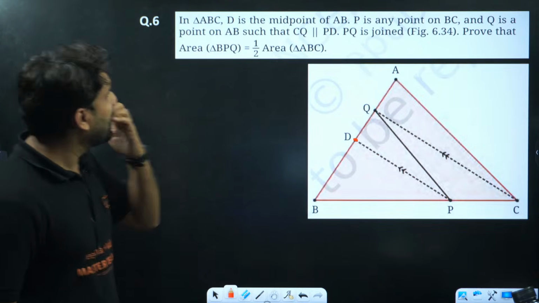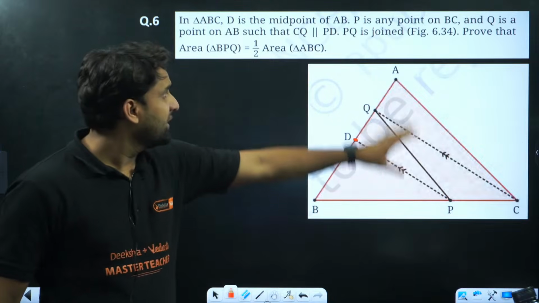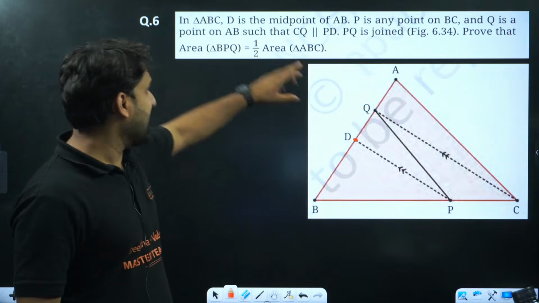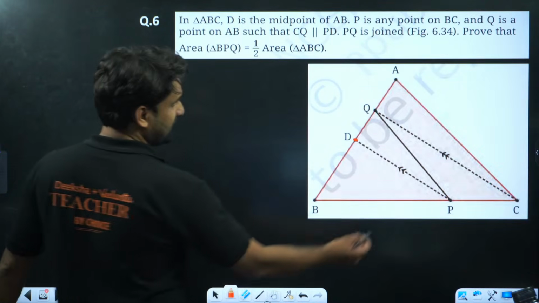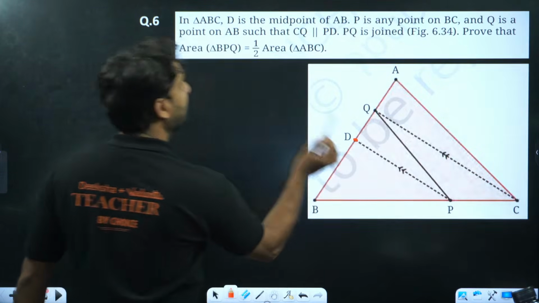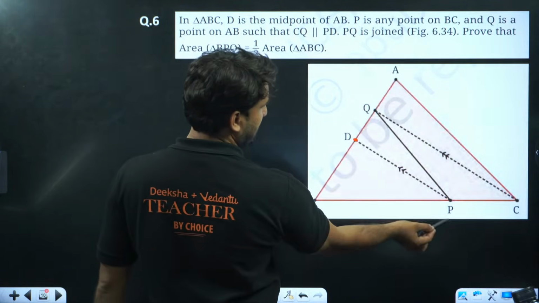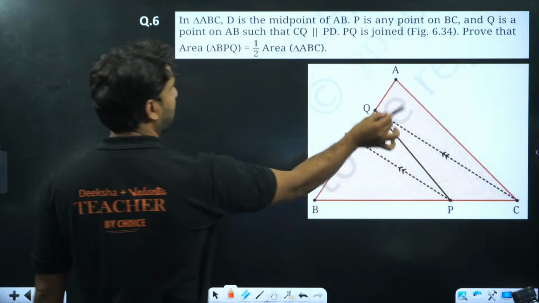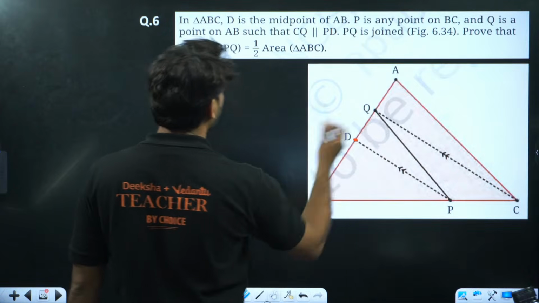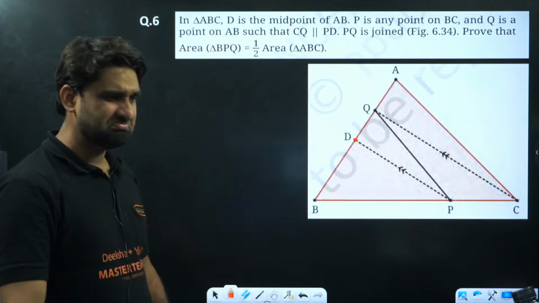Such that P is any point on BC, and Q is a point on AB such that CQ is parallel to PD. PQ is joined. Prove that the area of BPQ is equal to half of the area of the entire ABC. Very easy question.